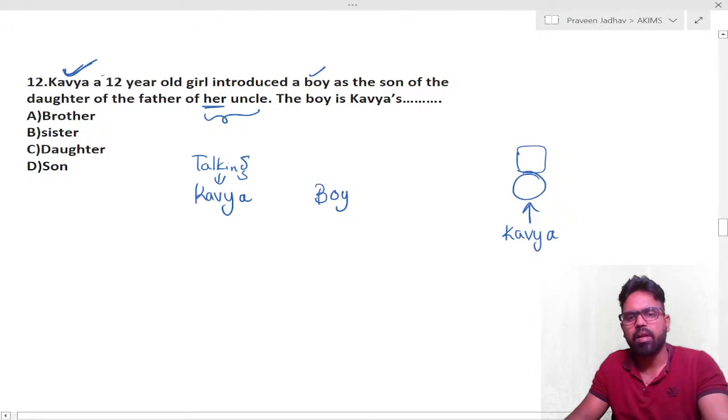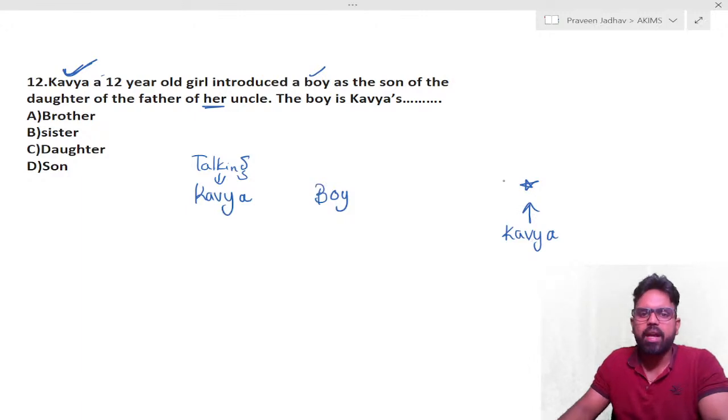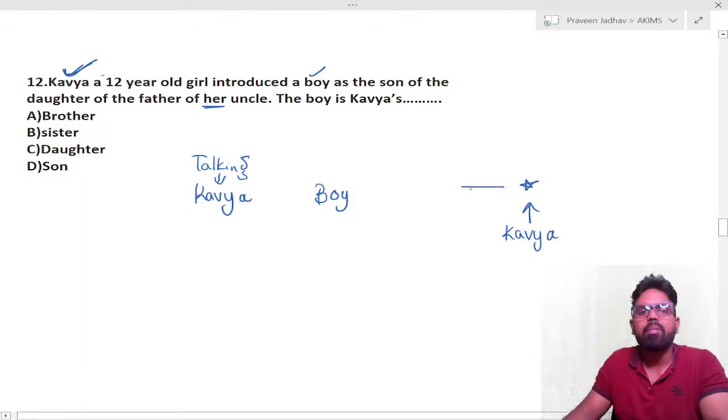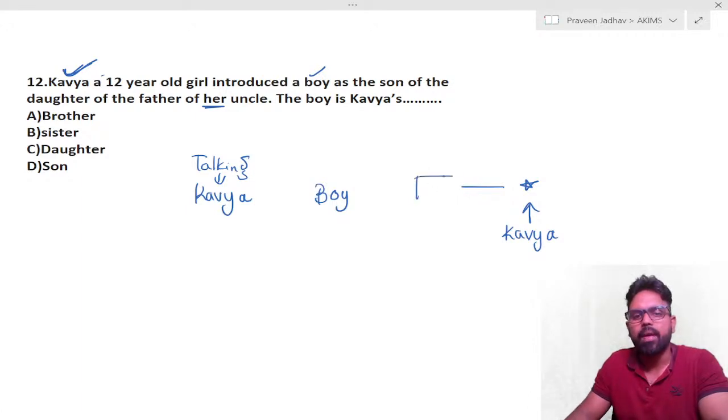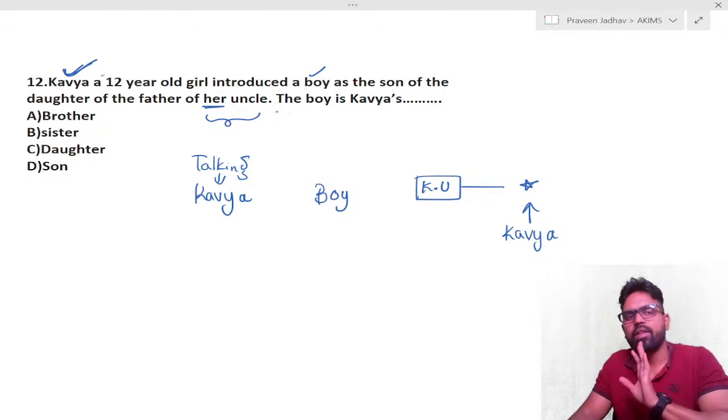So I will leave it the way it is. Kavya's parent must have a brother for sure. Only then that character will be Kavya's uncle. I'm writing KU, Kavya's uncle. Her uncle part, everyone understood?